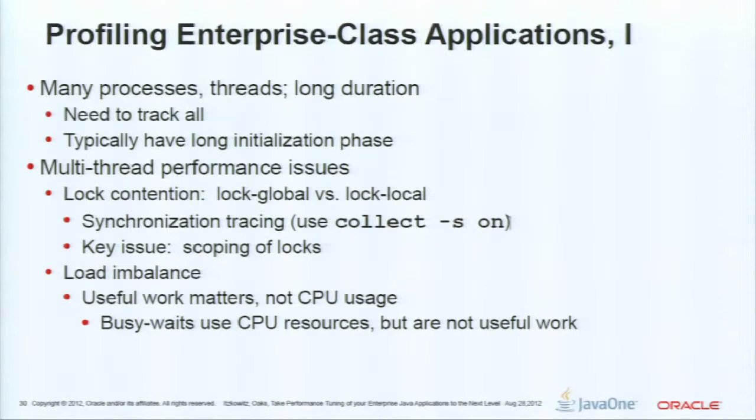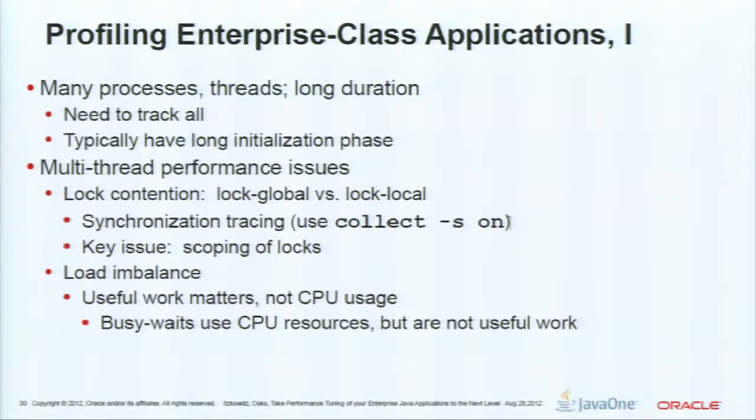Another issue in these enterprise class applications is performance issues concerning multiple threads. Performance issues on multithreads usually have to do with lock contention. And there's a difference between locking a large part of memory, a global lock, or a local lock.